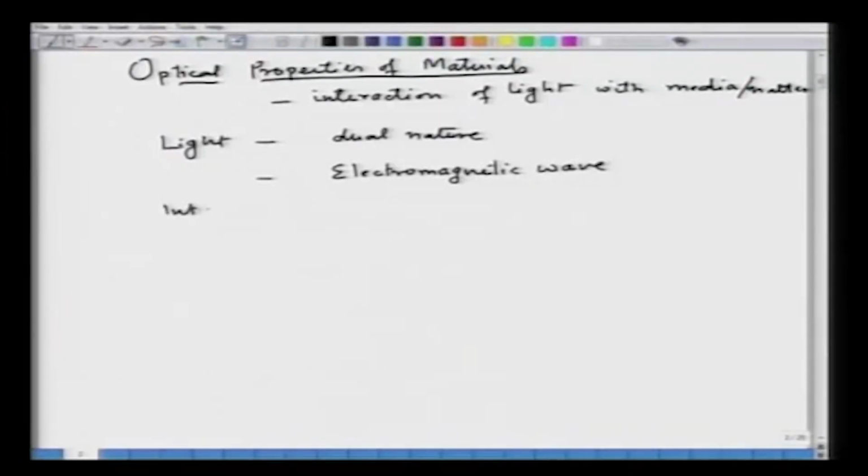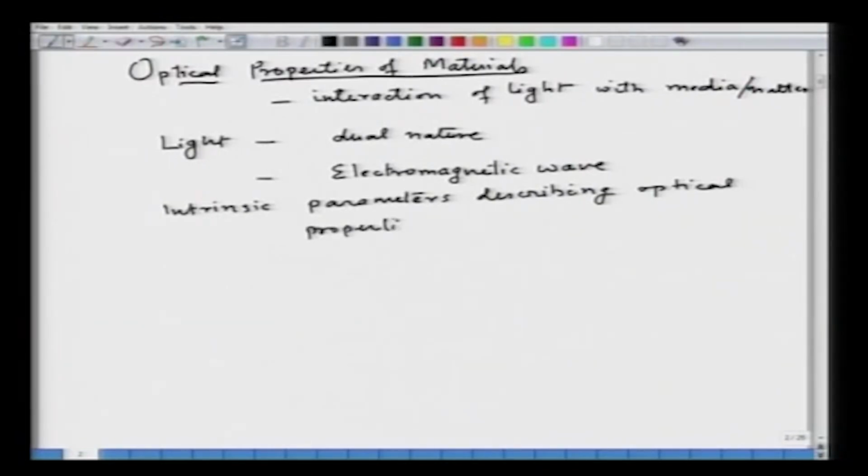So, the intrinsic optical parameters of a material, intrinsic parameters describing optical properties are N, which is what we call refractive index, or K, which is what we call extinction coefficient.